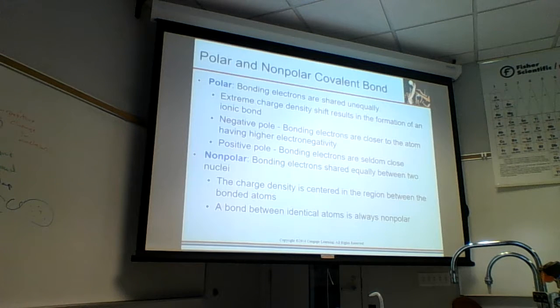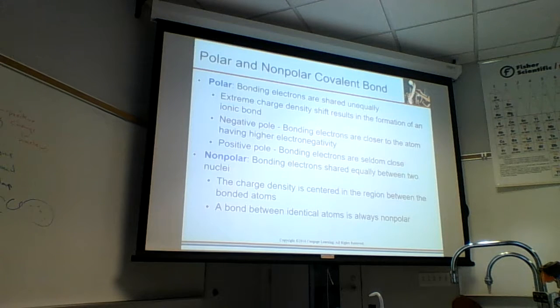If I look at the cloud here, that cloud of electrons belongs to chlorine alone. But in this case, hydrogen doesn't completely lose it. And so what happens is this. Chlorine is stronger, of course, so it's going to pull most of the cloud to it, but chlorine doesn't completely let go.